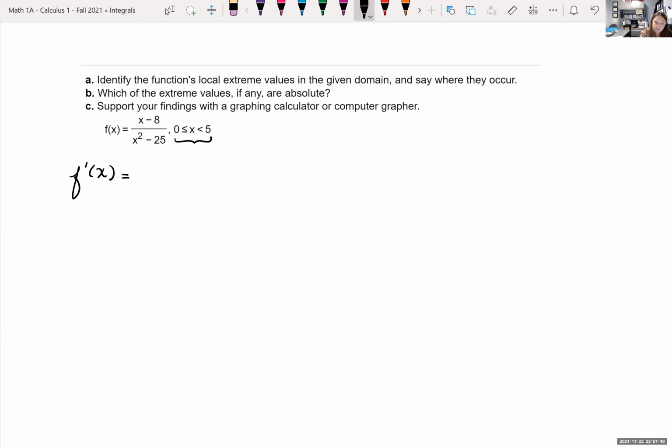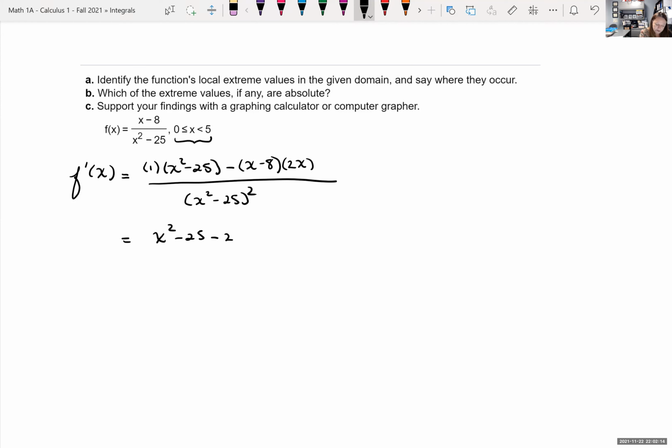So the derivative of my numerator is 1 times my denominator, x squared minus 25, minus my numerator, x minus 8, times the derivative of my denominator, which is 2x, all over this denominator, x squared minus 25 quantity squared. So we get x squared minus 25. Let's distribute negative 2x.